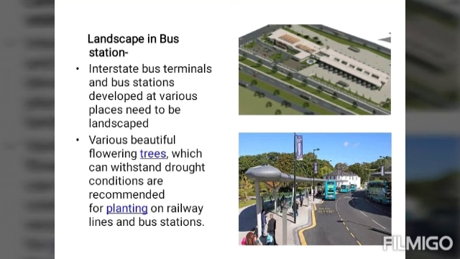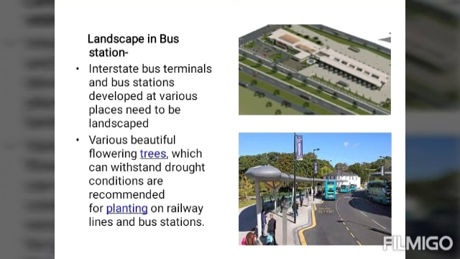If it's an open area like a bus station, suppose in the summer season, obviously in the summer season there are also so many seasonal flowers. So in different seasons you plant different flowering trees.